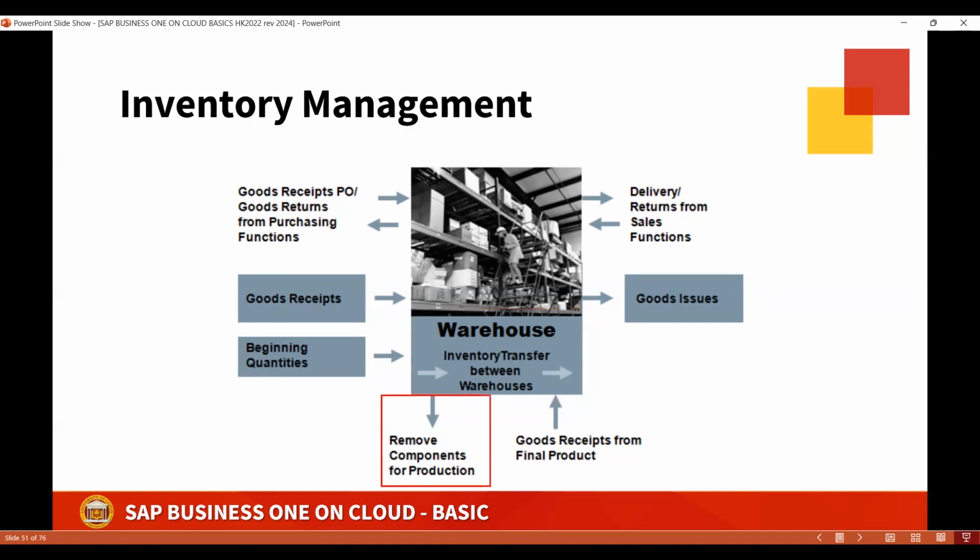In the case of production, removing components for production decreases the level of our inventory. Why? During the production, we use the items available in our inventory to create a finished product. After the production, the final product is entered in our inventory, thus increasing the level of our inventory.